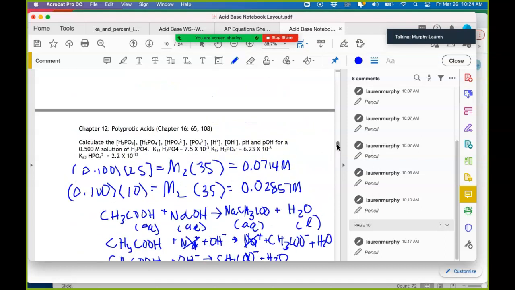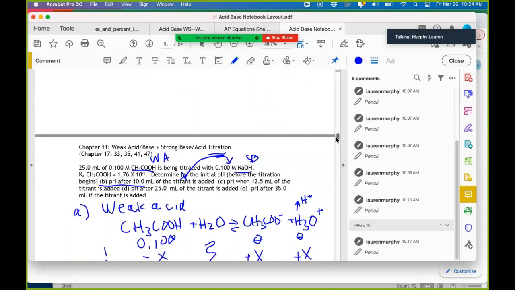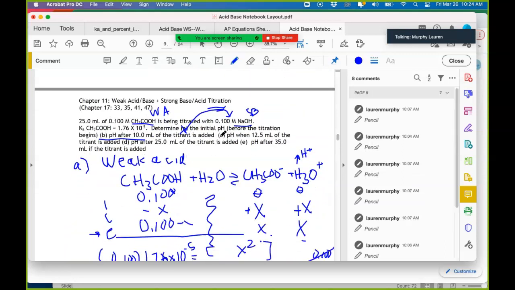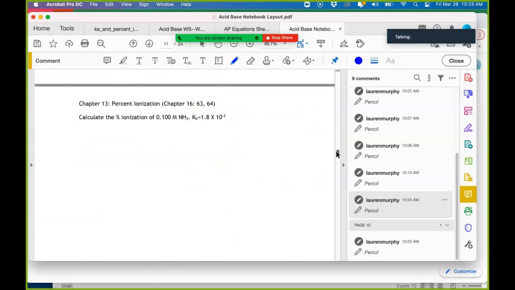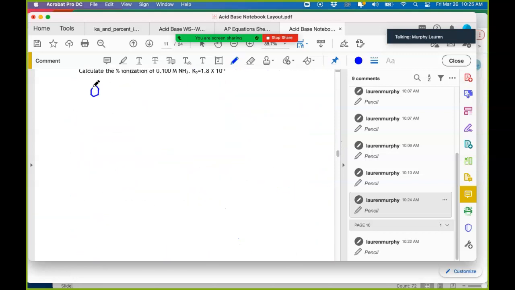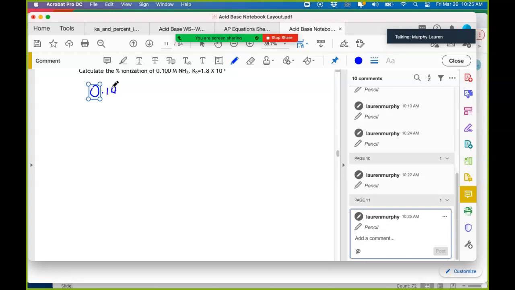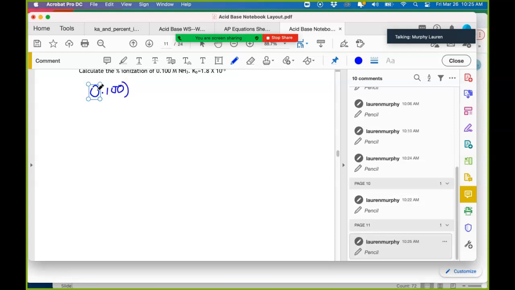Okay, so we just finished part B. So now we're going to do it again. B's done, so this is going to be done the same exact way. Now we're going to add 12.5 milliliters of the titrant, or of the base. So do the dilution. We have 0.1 molar acid, 25 milliliters, new molarity.